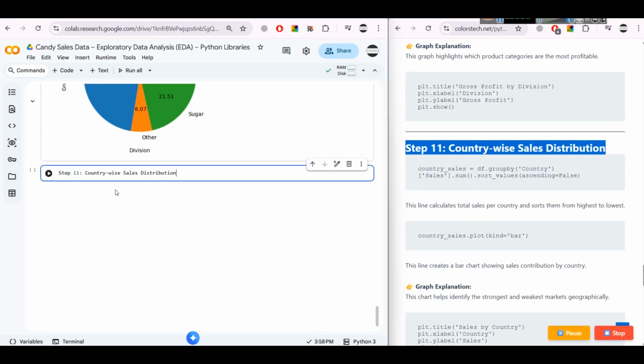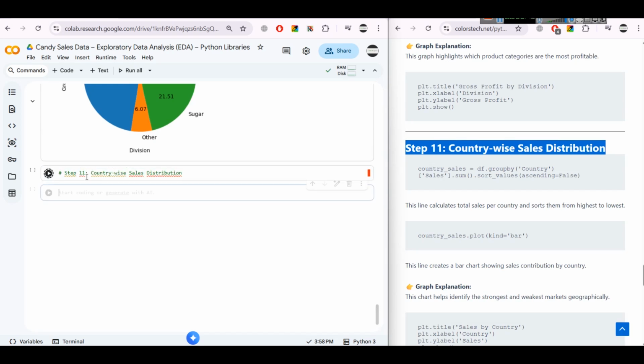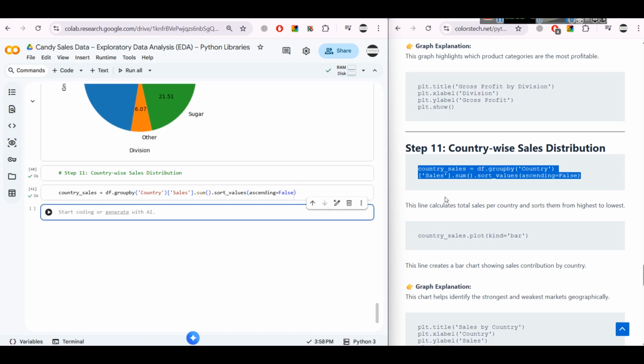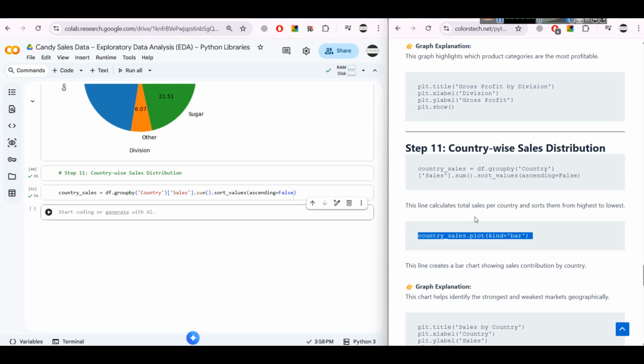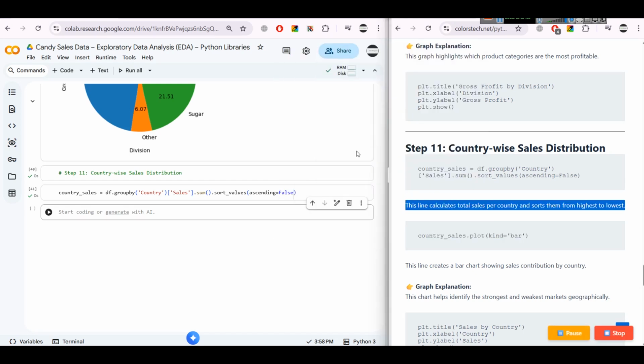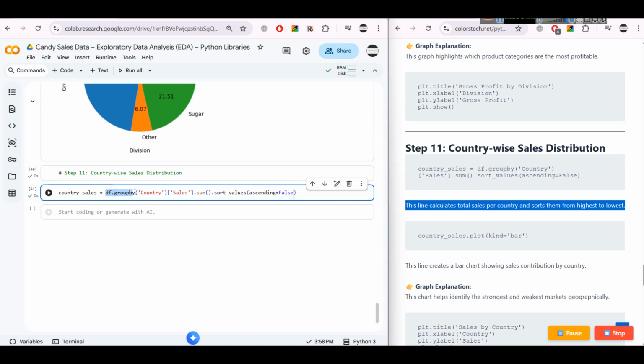Step 11. Country-wise sales distribution. This line calculates total sales per country and sorts them from highest to lowest.